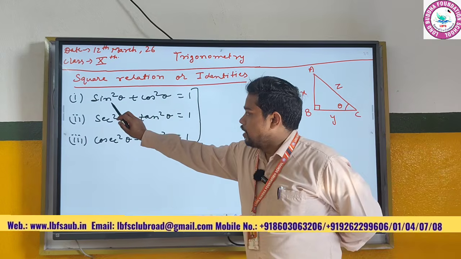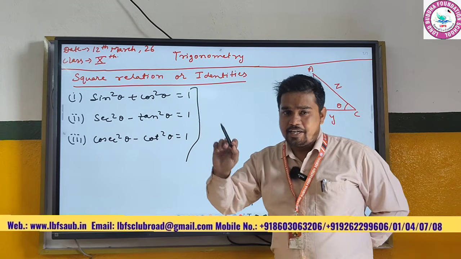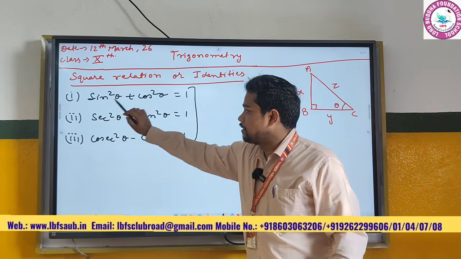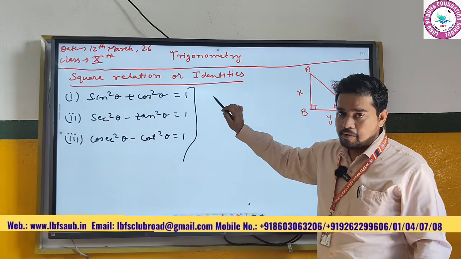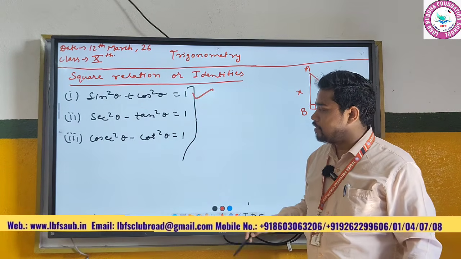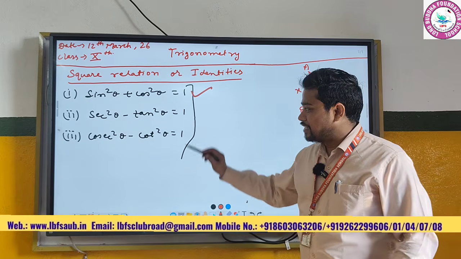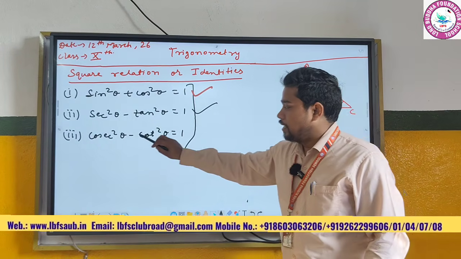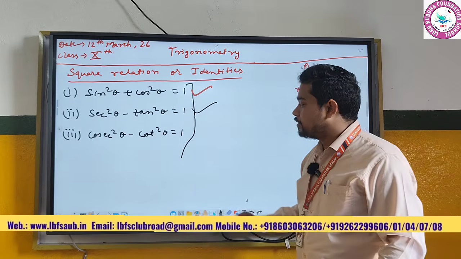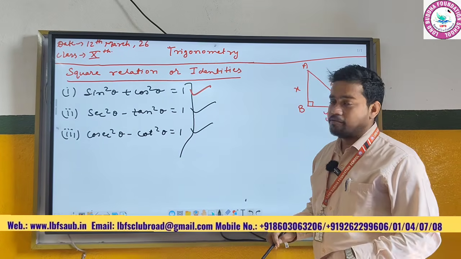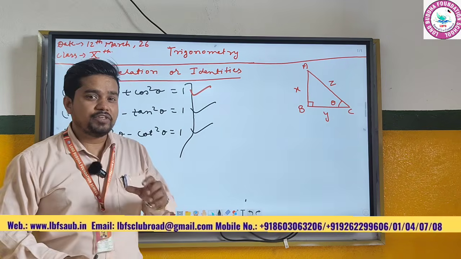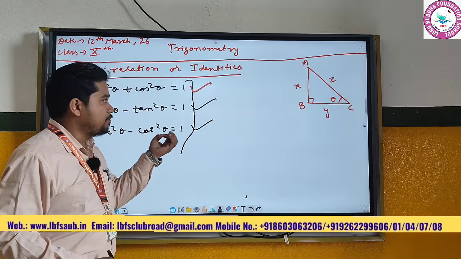The first identity, or first square relation formula, is sin square theta plus cos square theta is equal to 1. The second formula is sec square theta minus tan square theta is equal to 1. And the third formula is cosec square theta minus cot square theta is equal to 1. These three are identities which are used in the problems.